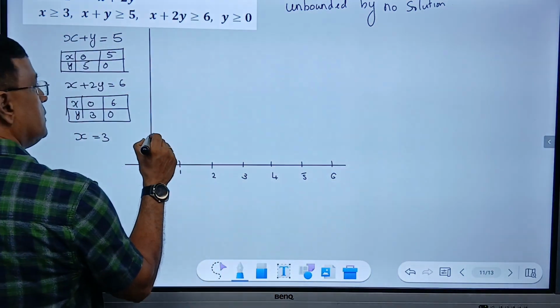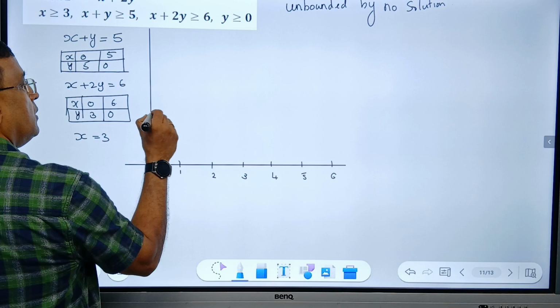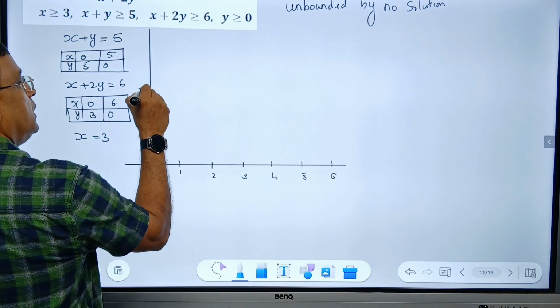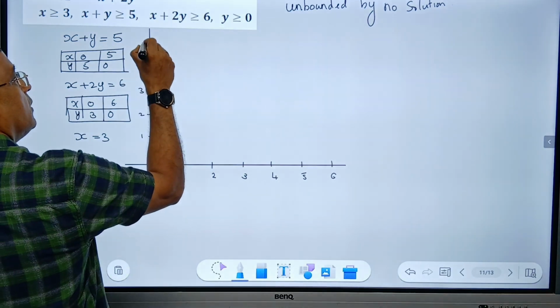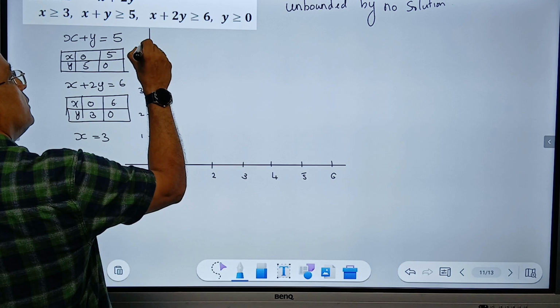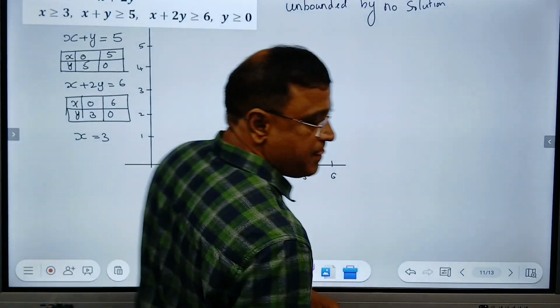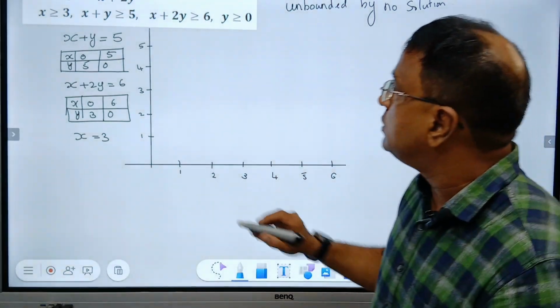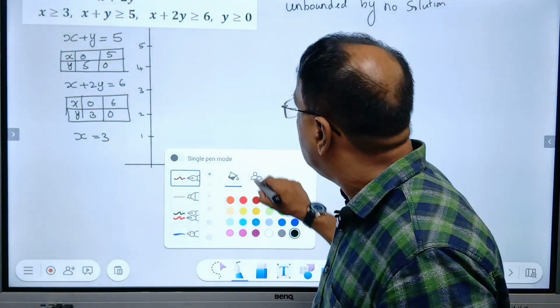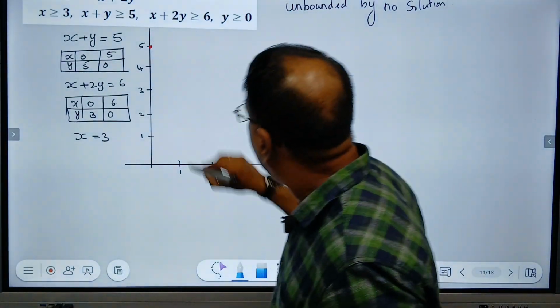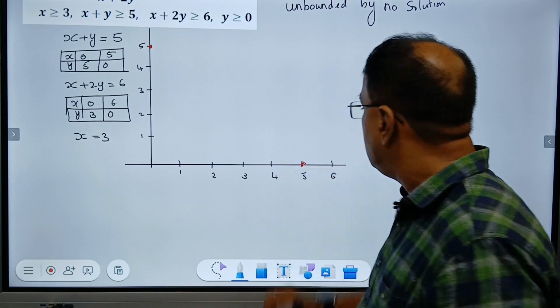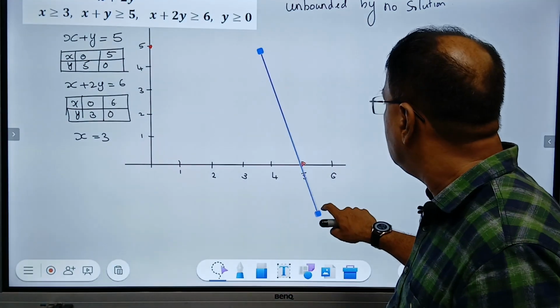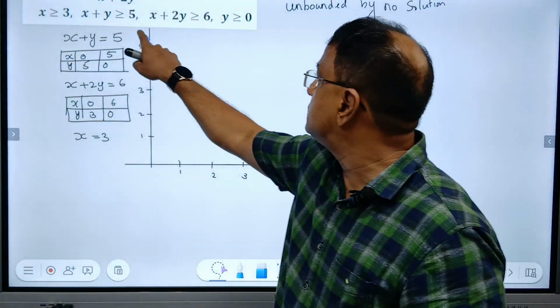And what about this? 1, 2, 3, 4 and 5. Fair enough. I am going to plot this graph. How do I plot this graph? First of all, I want to plot 0, 5 and 5, 0, and the line. Let's straight away connect it.